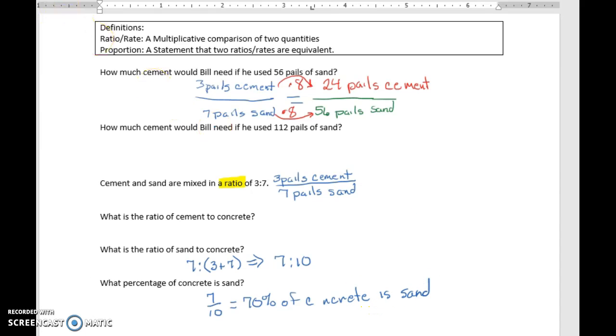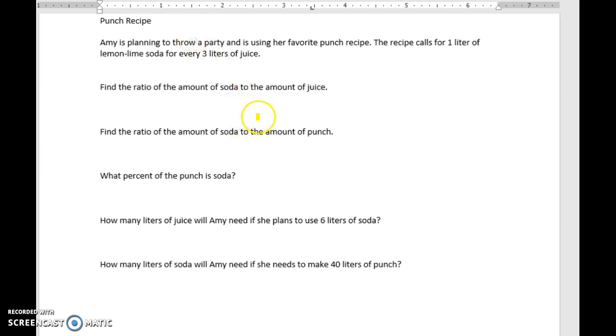In this part of the problem, this is on page 2 now, we're looking at a recipe that calls for 1 liter of soda, and then it also calls for 3 liters of juice for a combination to make the punch. So in this question here, we want to find the ratio of the amount of soda to the amount of punch.